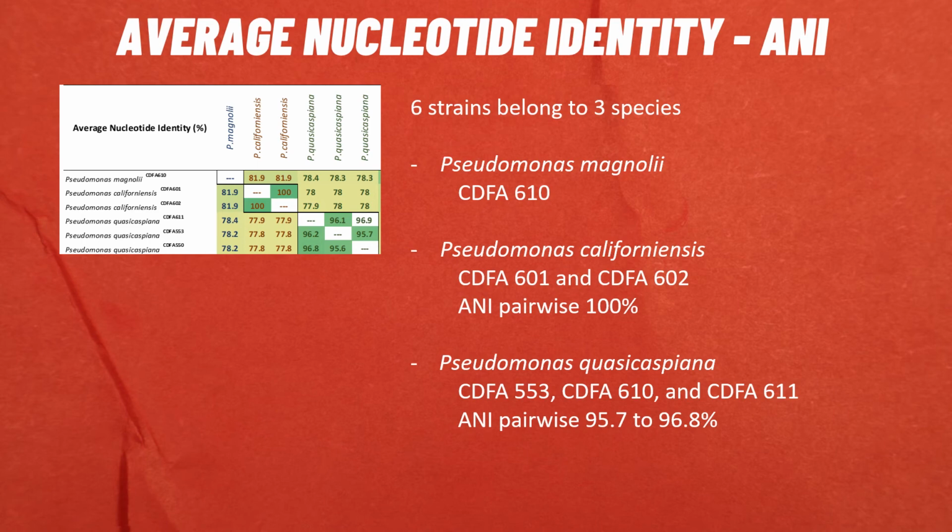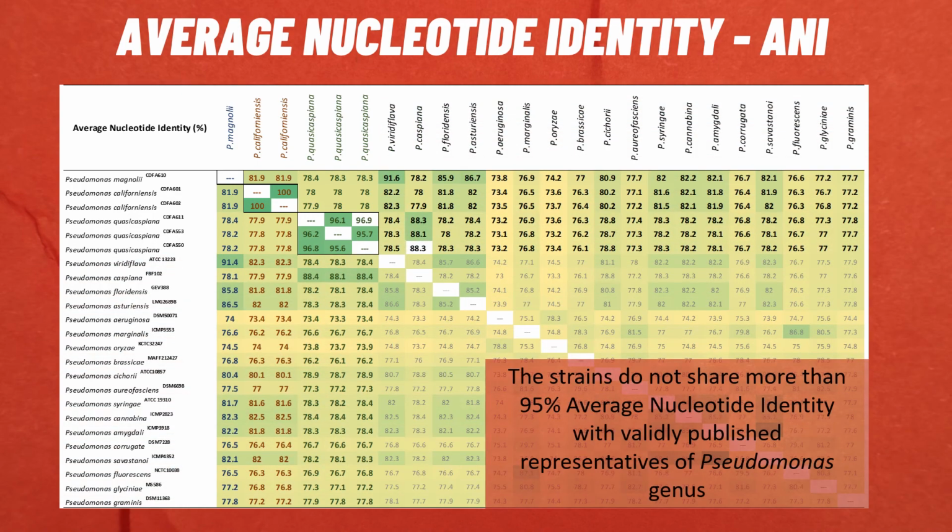The average nucleotide identity was calculated, and first, the pairwise ANI among the 6 strains supported the result that the 6 strains belong to 3 different species: Pseudomonas magnoliae, Pseudomonas californiensis, and Pseudomonas quasi-caspiana. Moreover, the strains do not share more than 95% average nucleotide identity with valid published representatives of the Pseudomonas genus, confirming then the presence of 3 new species.